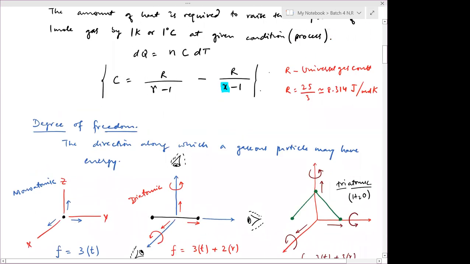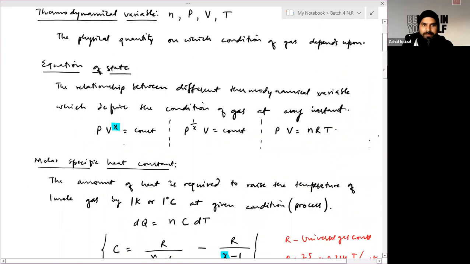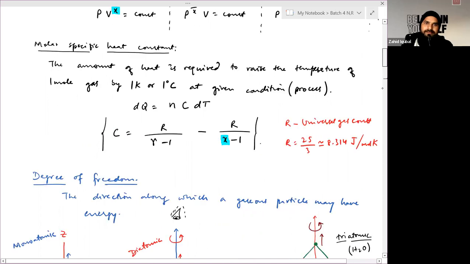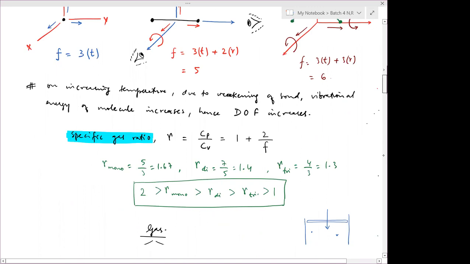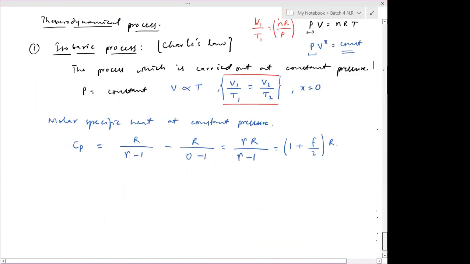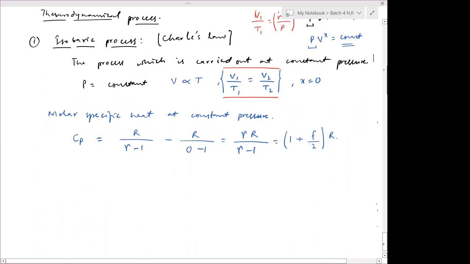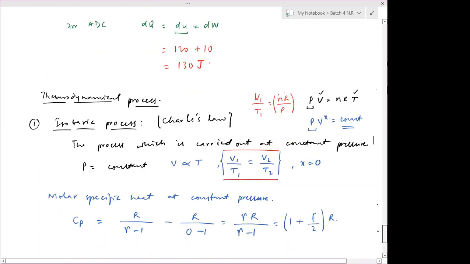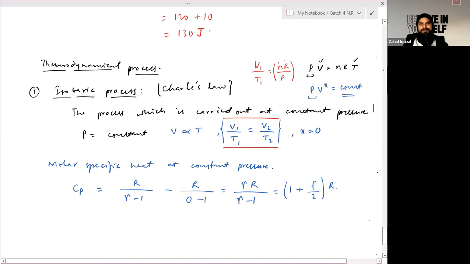Got it. Generalized formula for C, and the general equation PV to the power x is equal to constant for any gas. Okay, sir. All of you just write it down.